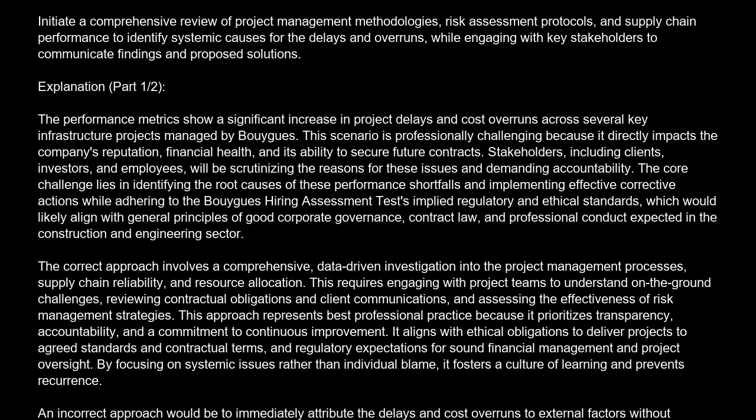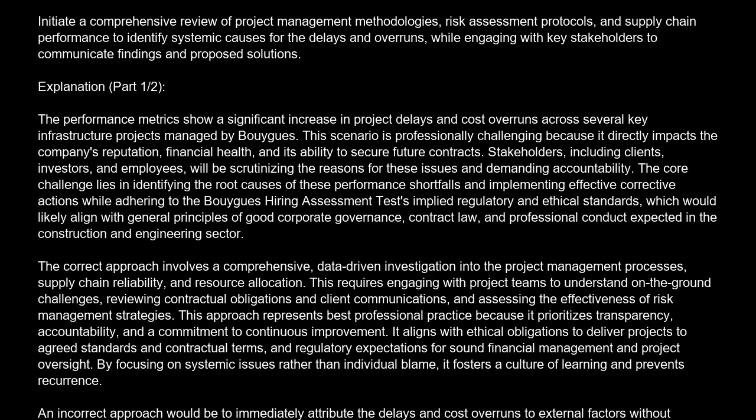The core challenge lies in identifying the root causes of these performance shortfalls and implementing effective corrective actions while adhering to the Bouygues hiring assessment test's implied regulatory and ethical standards, which would likely align with general principles of good corporate governance, contract law, and professional conduct expected in the construction and engineering sector.